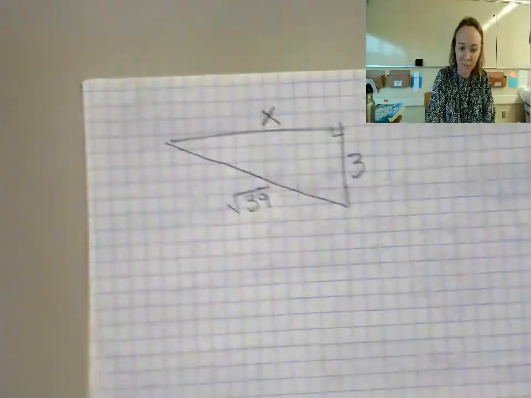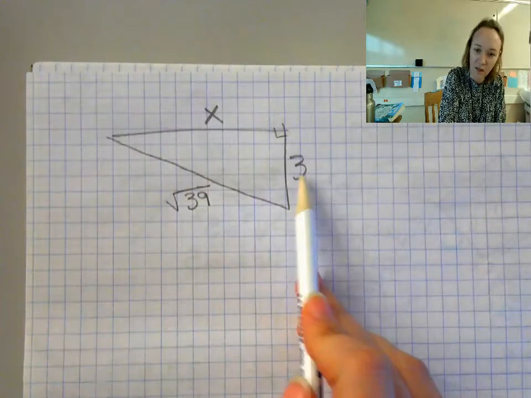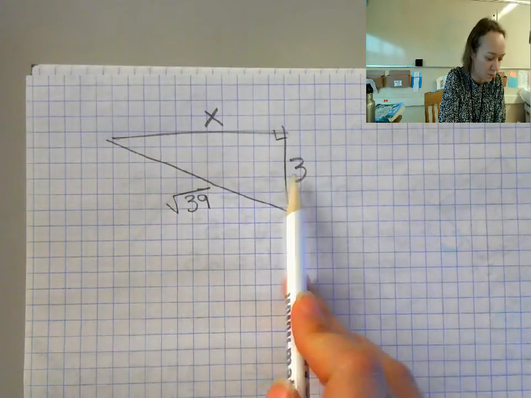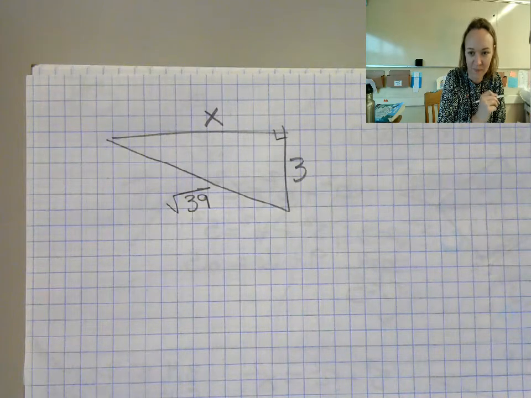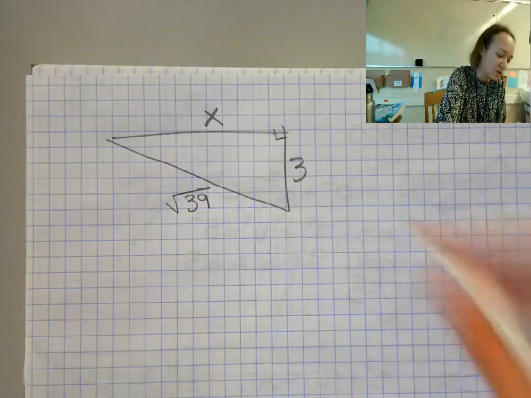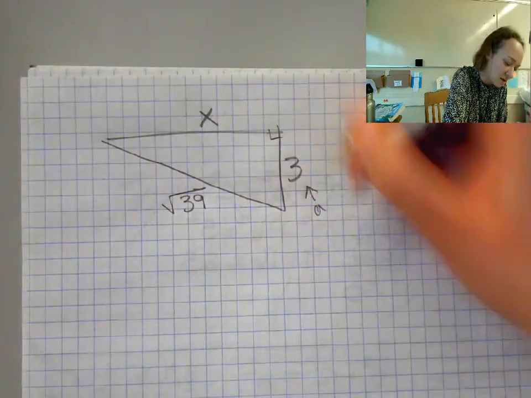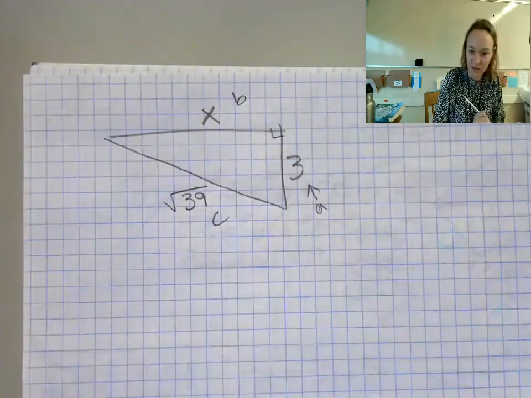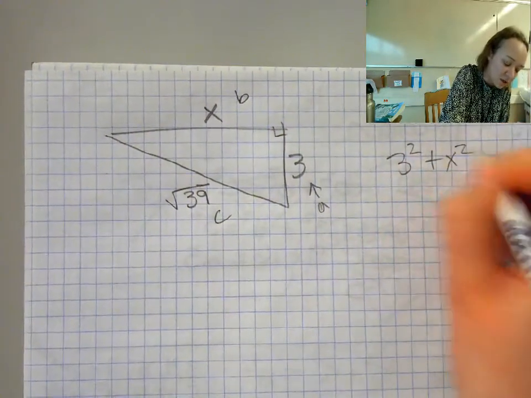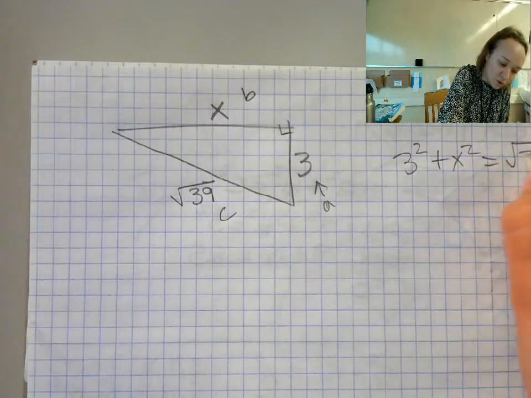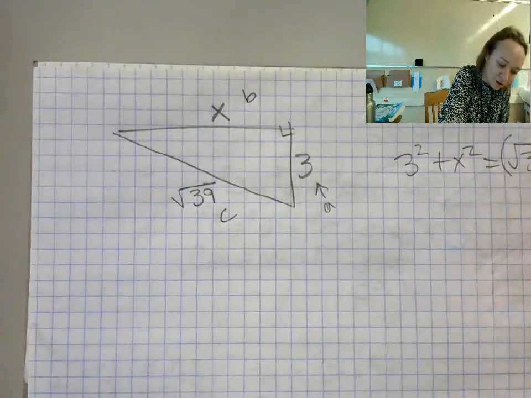Let's do another example. This time we're going to take a right triangle that looks like this. Pause, see if you can figure it out. So did you decide that this would be A, B, and C? So you should set it up as 3 squared plus x squared equals the square root of 39 squared.